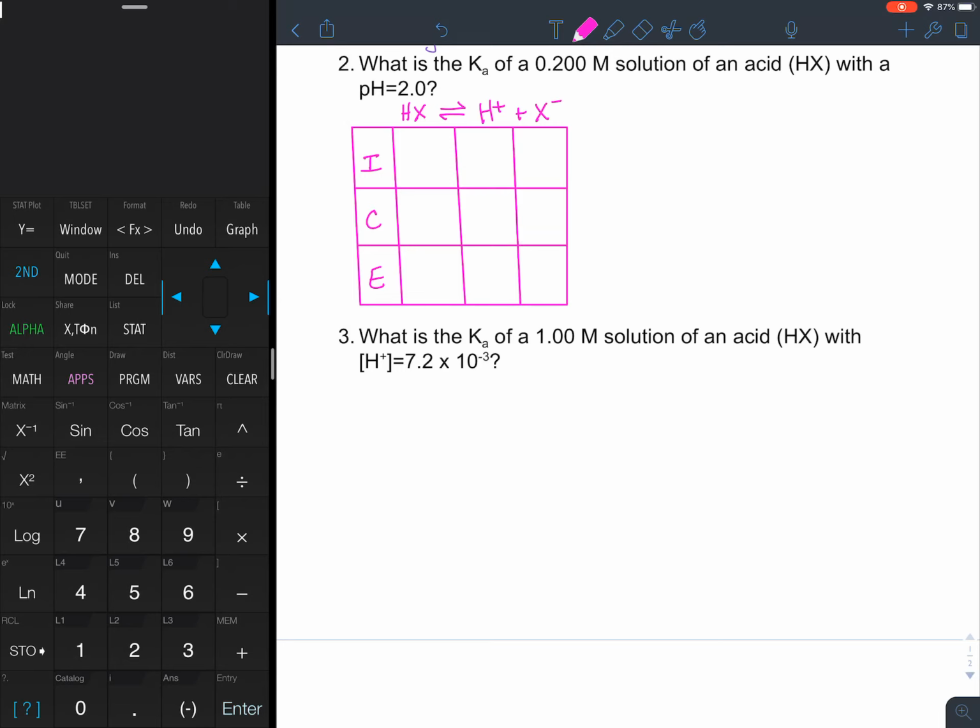So we're going to create our table here. Our initial concentration for our acid is this 0.200 molar, so I'm going to do that right here, 0.200. Initially, when we put this into water, we don't have any concentration of either the H plus or the anion.